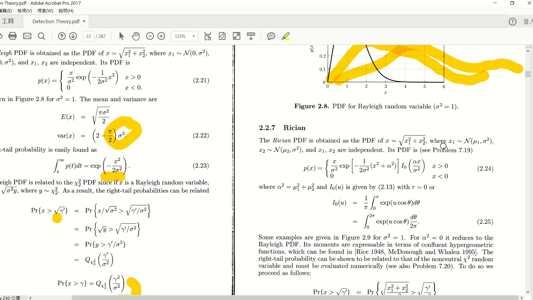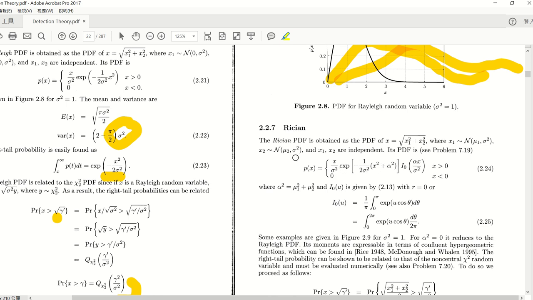If you are given x1 and x2, that means mu1 and mu2 are given, sigma is given, so this is supposed to be known because it's given. Then x is the argument. So we don't have problems with the x here.